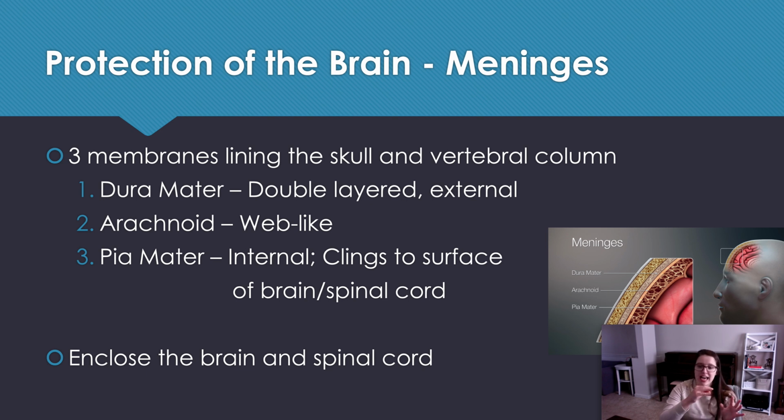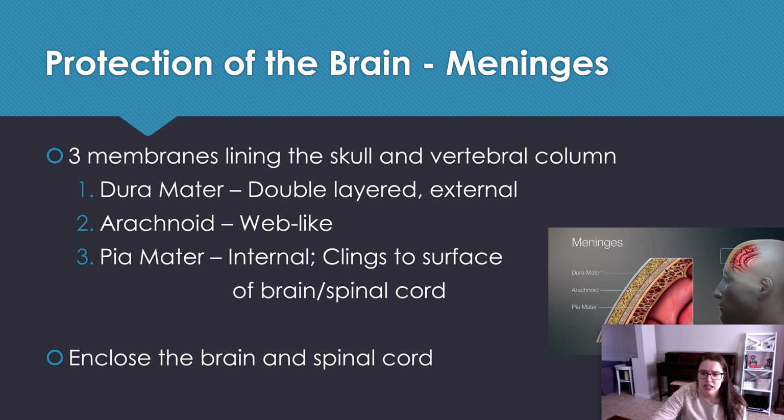The arachnoid has all these little fibrous web-like structures, and that's where it gets its name, arachnoid. Think about a spider, an arachnid, who spins a web. We have the arachnoid, which is web-like.